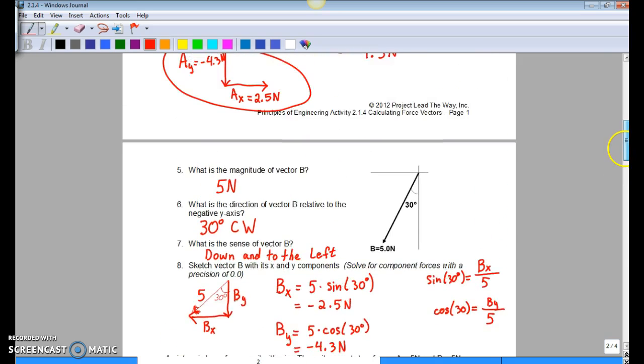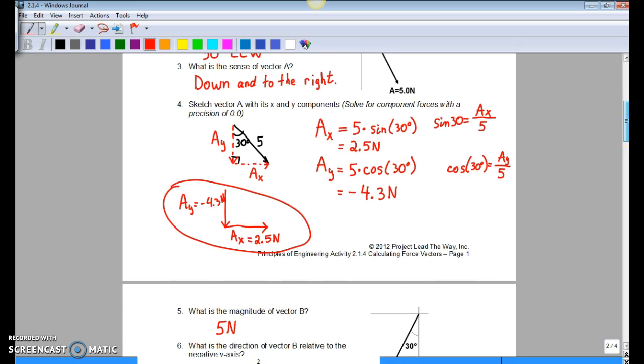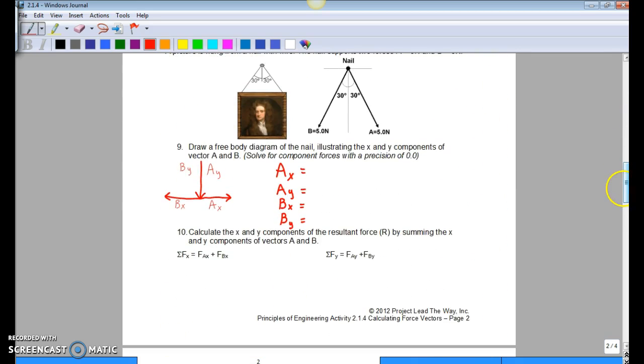So all I got to do is come up to question 4, and it was 2.5 newtons positive to the x of the vector A. The y was negative, so we got a negative 4.3 newton y component. B in the x direction was negative, same magnitude as A in the x direction. In our y, again, negative, it's pointing down, so we get negative 4.3.